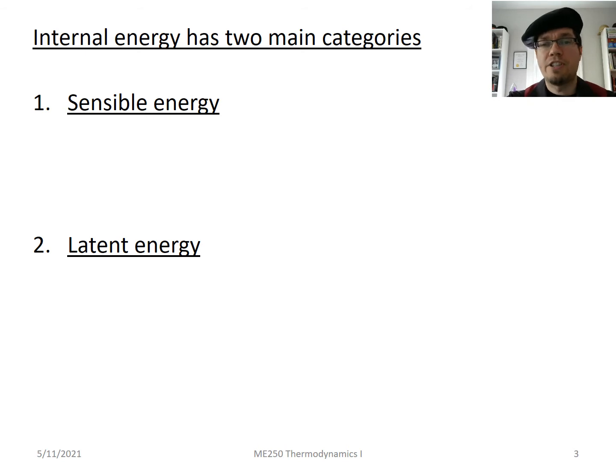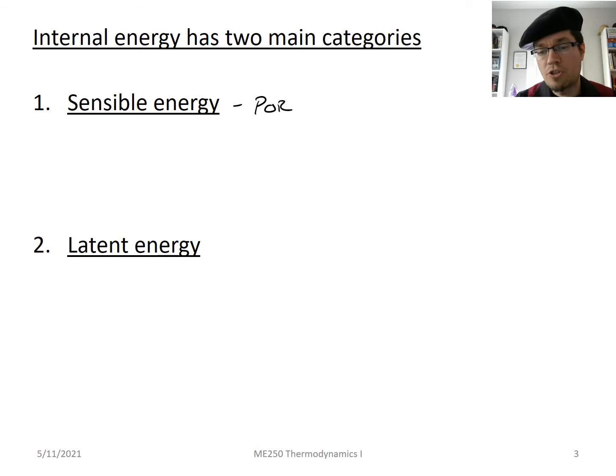So internal energy has two main categories. We can take this thing that we call internal energy, and that we tabulate, and that we look up, and that we calculate, and we can break it up into two chunks. One of them is what we call sensible energy.